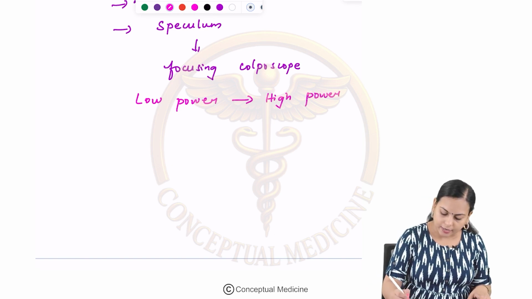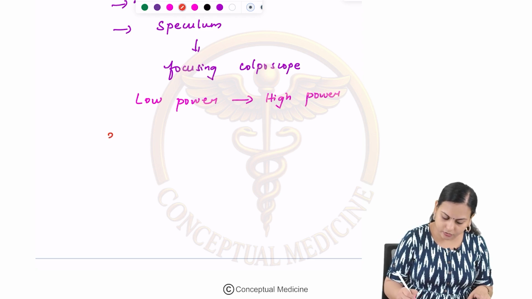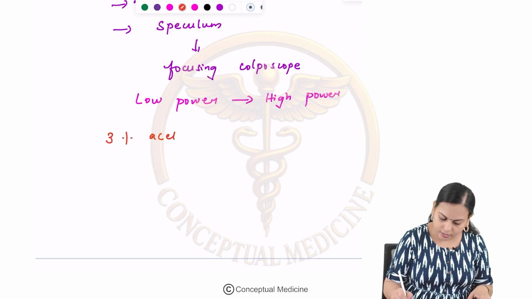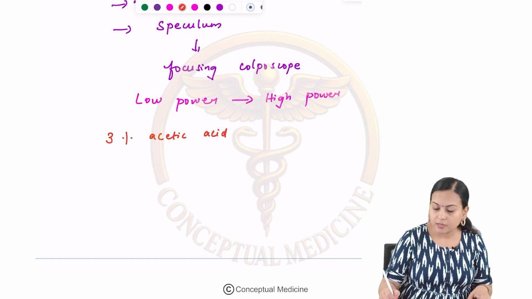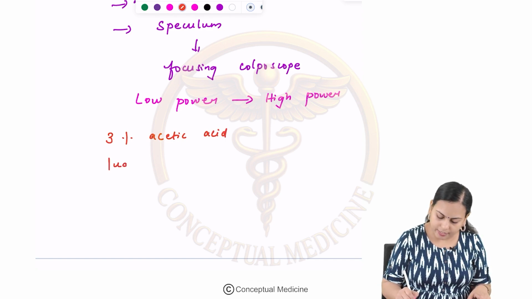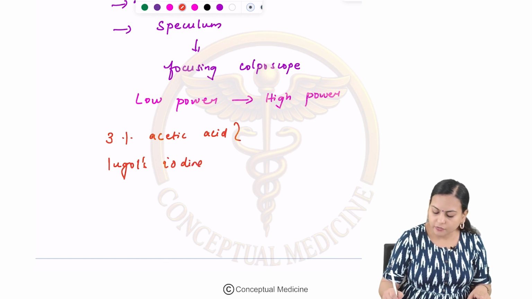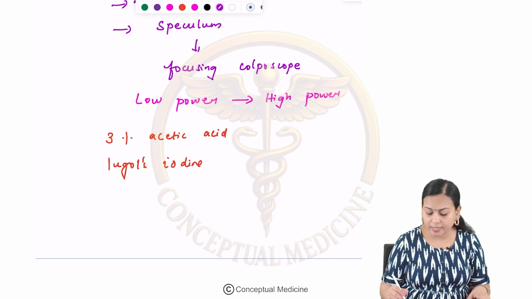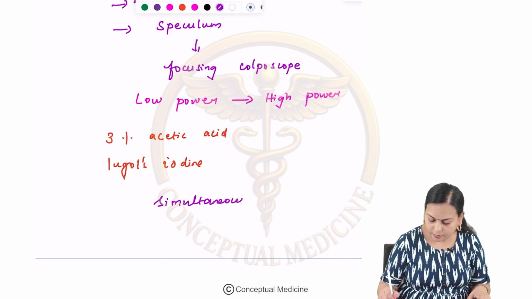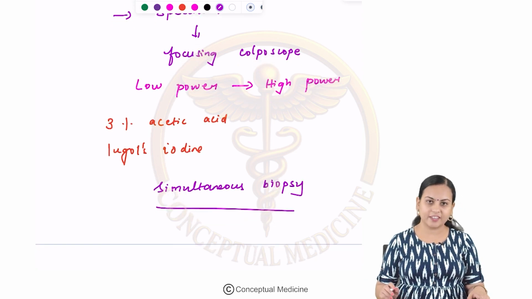Lesions are noted after application of 3% acetic acid as well as after application of Lugol's iodine. The advantage of colposcopy is that you can take a simultaneous biopsy if needed.